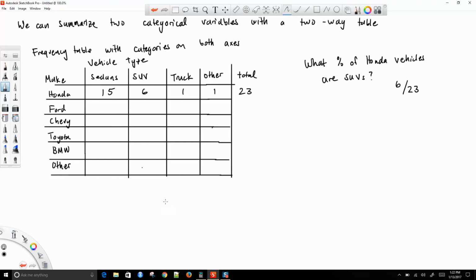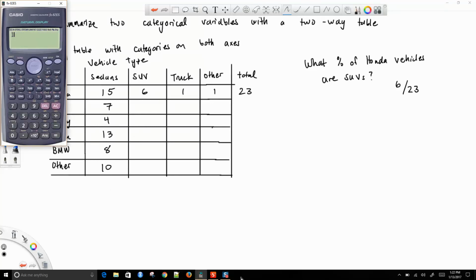On the other hand, we could count all of these up, and I need to add these up. 15 plus 7 plus 4 plus 13 plus.